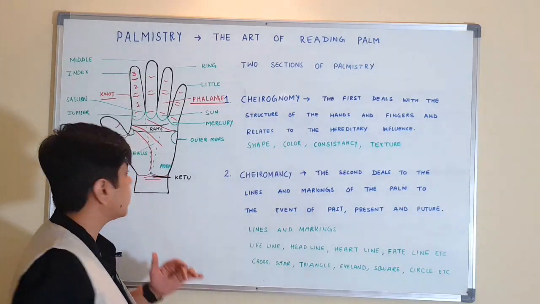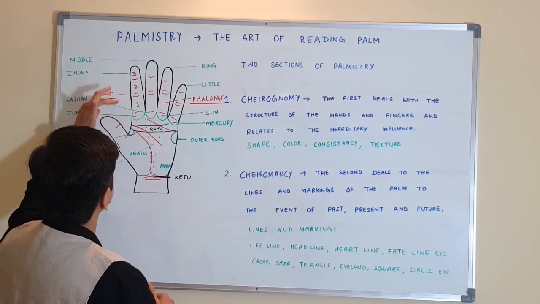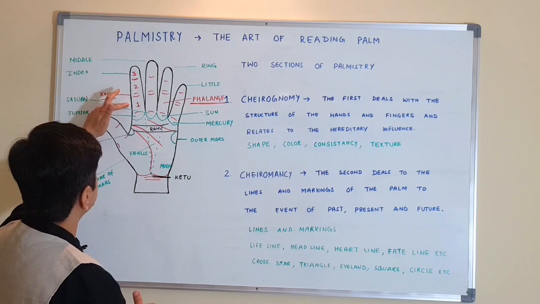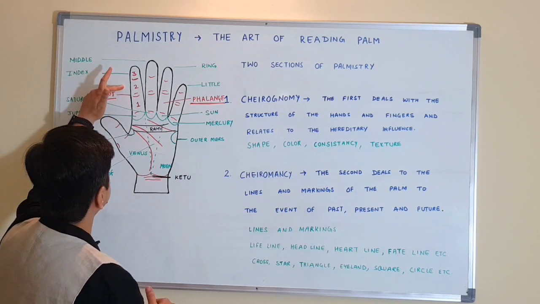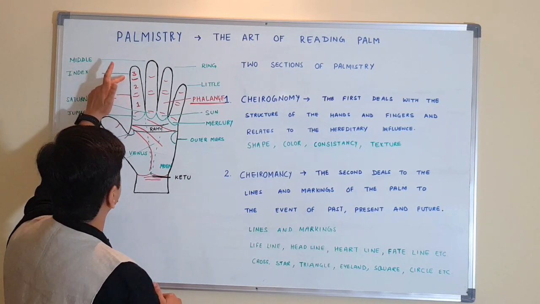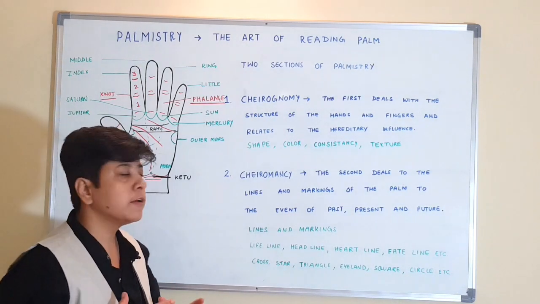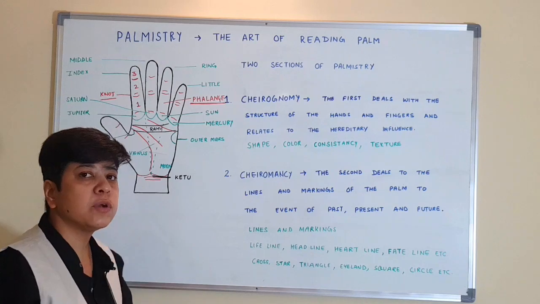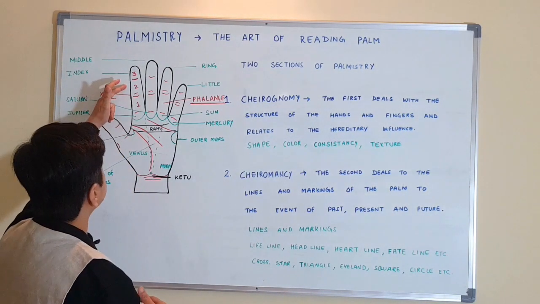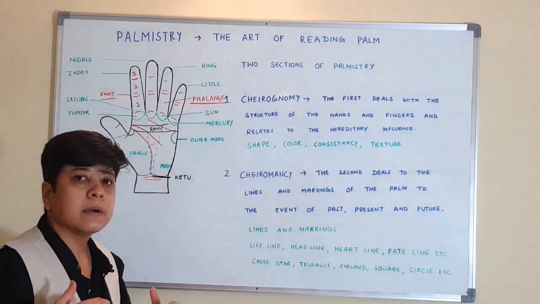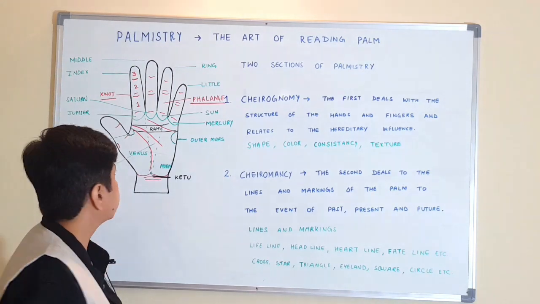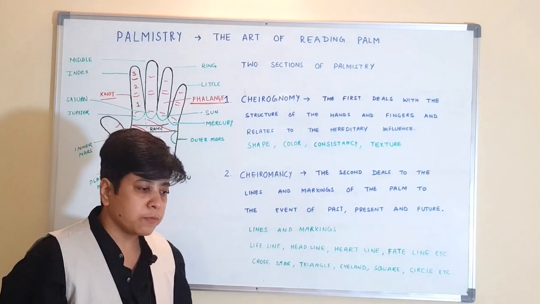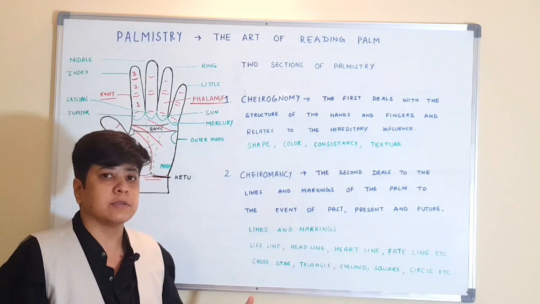As you can see, every finger is divided into three phalanges. This one is the first one at the bottom, then this one is the second one, and this one is the third one. What is the significance of the phalanges? The first one represents the intellectual level of a person, the second one deals with the practical level of a person, and the third one deals with the physical level of the person.